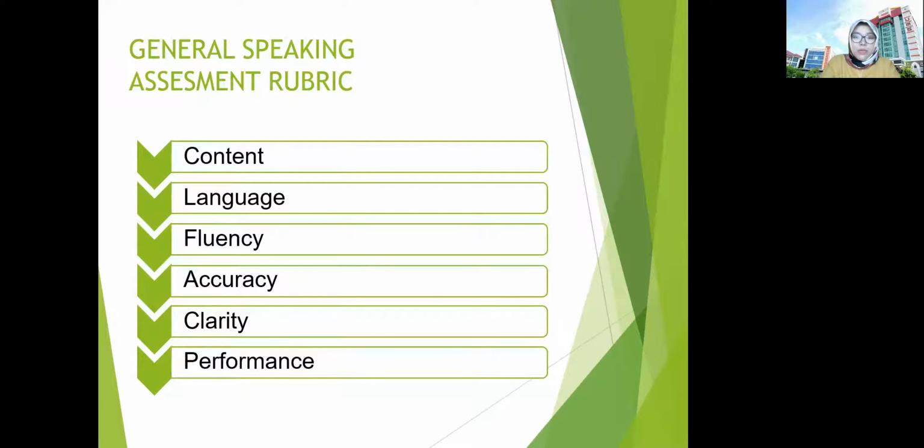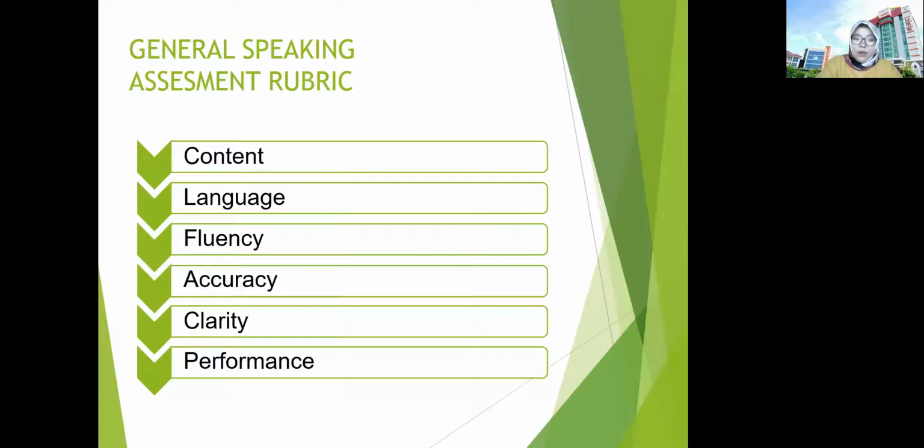But it will be different in each assignment, meaning you will have several public speaking roles, like storyteller, host, and political orator, and so on. It will be given a certain scoring rubric. So what I'm talking about right now is the general speaking assessment rubric.